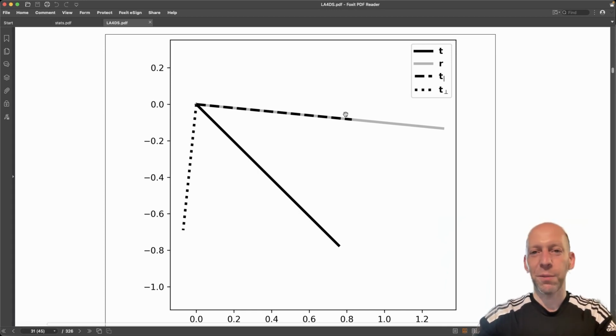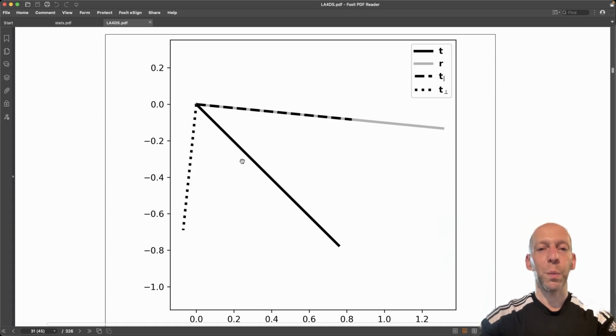We give them different variable names, but it's all the same concepts. So we orthogonally project vector t onto vector r, and this gives us this parallel component of t. And then we just can do vector subtraction. So we just subtract these two vectors, and that gives us the orthogonal component, or the perpendicular component.